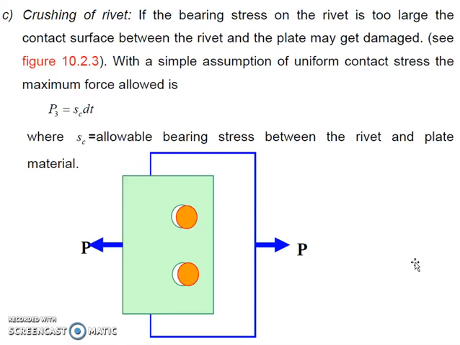Neither the pen nor the paper undergoes shear or tensile stress. In fact, it is just that the paper now gets a bigger hole diameter than it previously had. And therefore, here we are looking at the allowable bearing stress between the rivet and plate material multiplied by the diameter of the rivet and the thickness of the plate. This is a very simple connection of the contact stress that we calculate here.